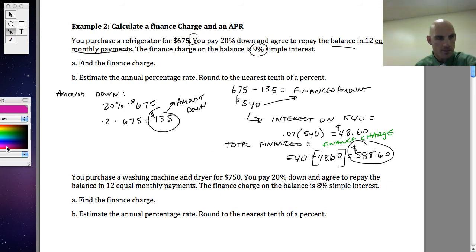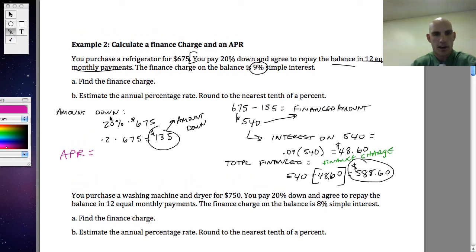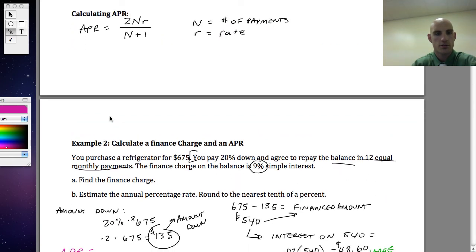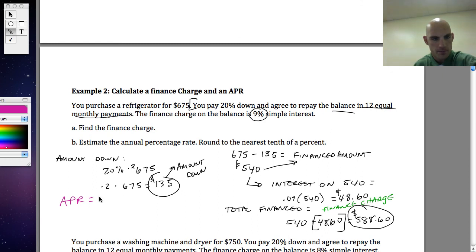My APR is something a little bit different. That's going to be the formula I used up here, 2NR over N plus 1. N is the number of payments, or 12. R is equal to 0.09.